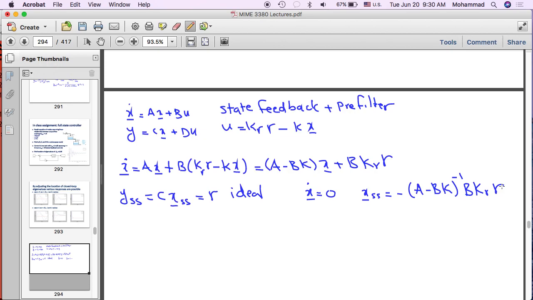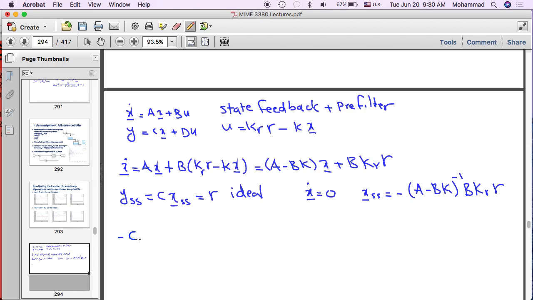And further, what we know is that C times this x steady state has to be equal to r. So what we know is C times x steady state, which is this. So I'm going to rewrite it.